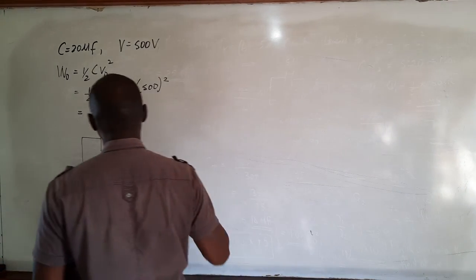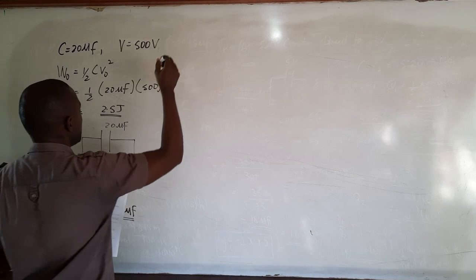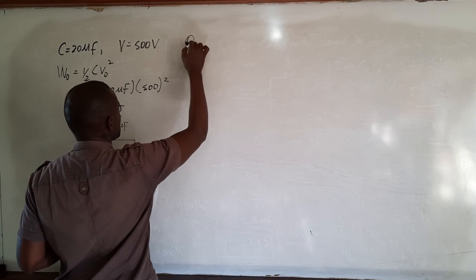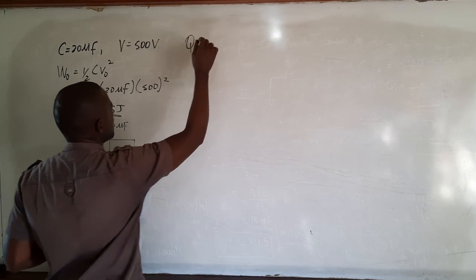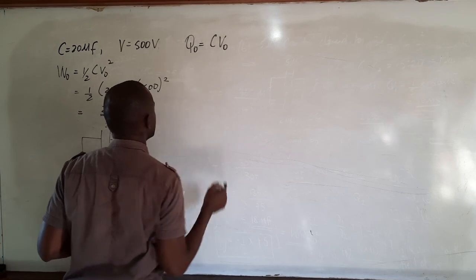Going back here, the total charge stored, let's call it Q naught, is equal to C V naught.